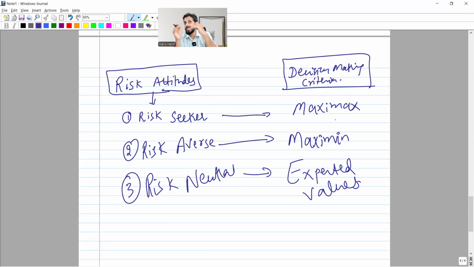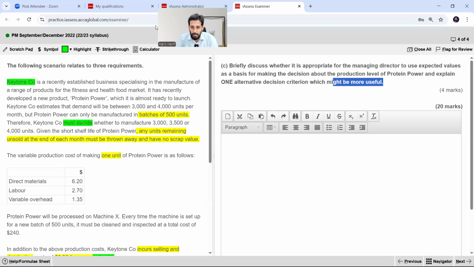If you have a risk seeking mindset, you will drive very fast. If you are risk averse, you will drive slow. If you are risk neutral, you will see the probability in order to decide whether to speed up or slow down your drive. I just gave you a simple example. Now let's move on.